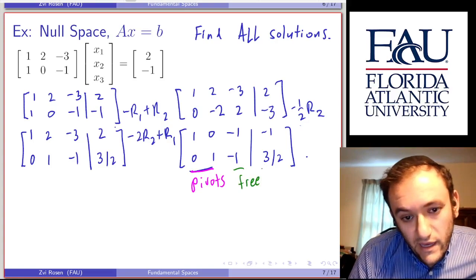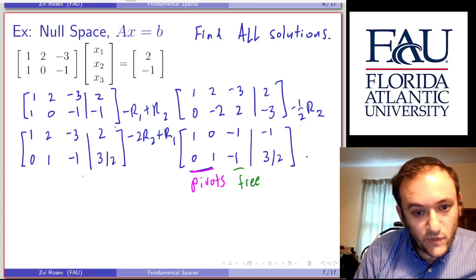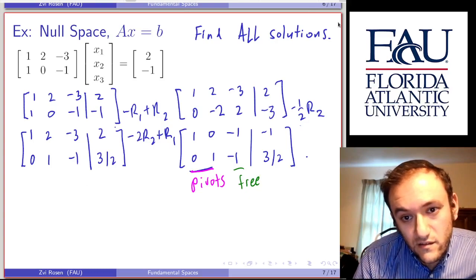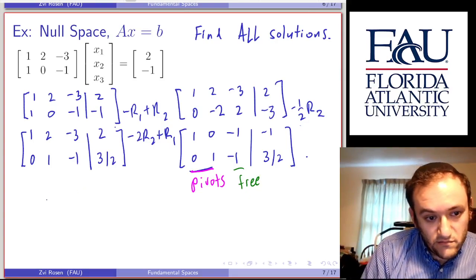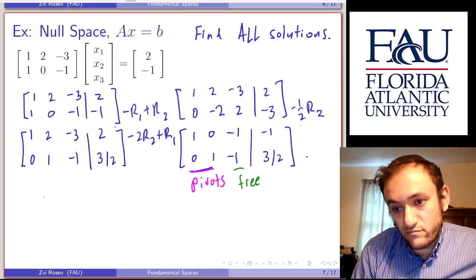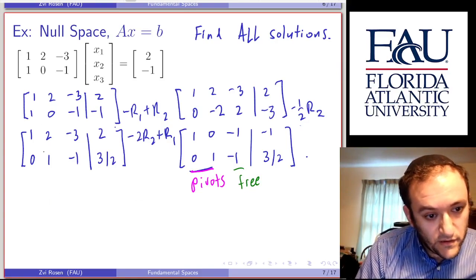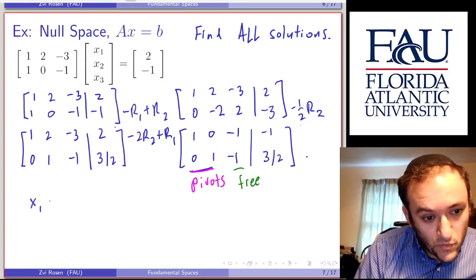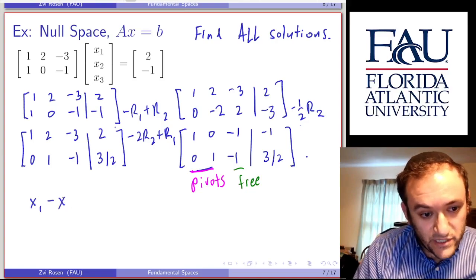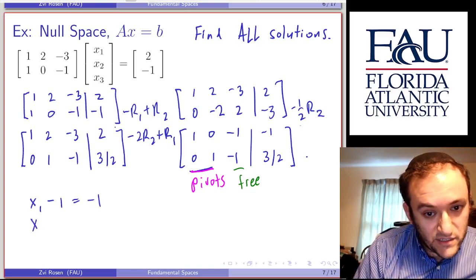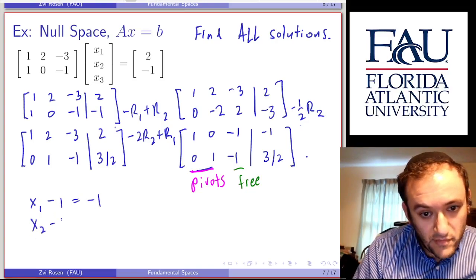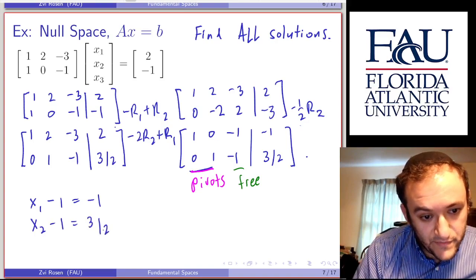Okay, and so let's find a solution. We know that we can set the x3 freely, so let's set it equal to 1. So we have x1 minus x3, which is 1, so x1 minus 1 equals minus 1, and x2 minus 1 equals 3/2.